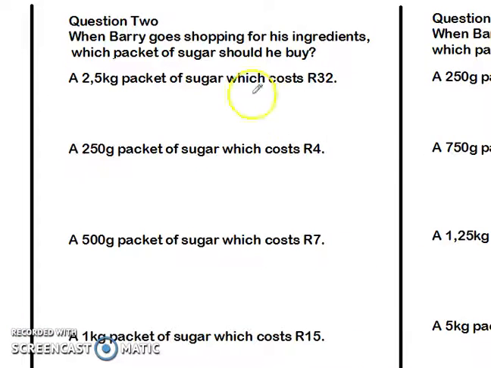Let's get on to the next one. When Barry goes shopping for his ingredients, which packet of sugar should he buy? We've got a 2.5 kilogram packet of sugar, which costs 32 rand. So in other words, 32 divided by 2.5 will give us the unit price.